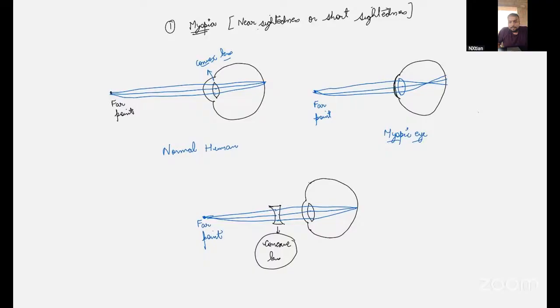Because the image is formed in front of the retina. In this respect, the object which is far away is not clearly visible because the image is formed in front of the retina.